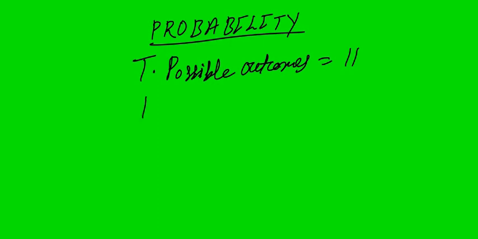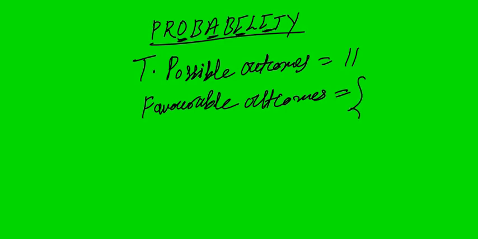If you count the letters of the word probability, the total possible outcomes are 11. Then find the favorable outcomes, the vowel letters. O is a vowel, A is a vowel, I is a vowel and I is a vowel.